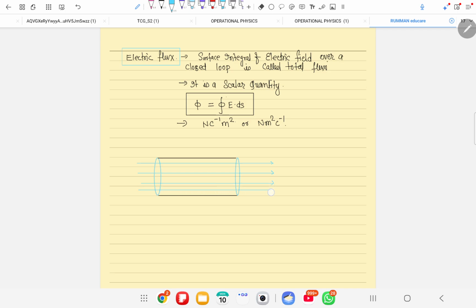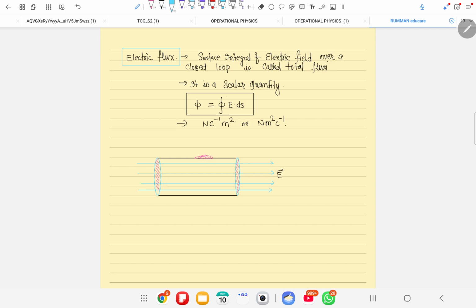Now there are three surfaces: the first one, the second one, and the curved surface, which is the third surface.